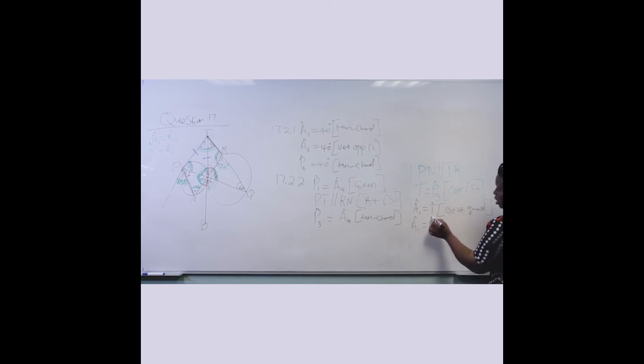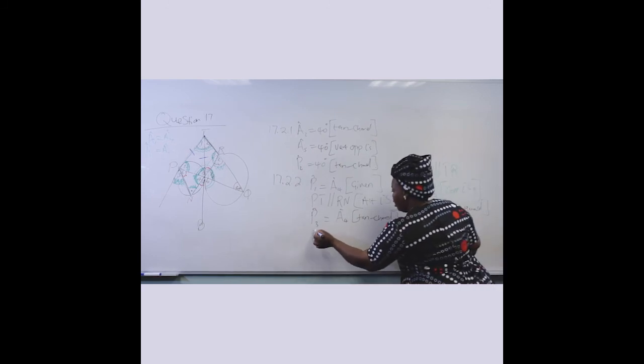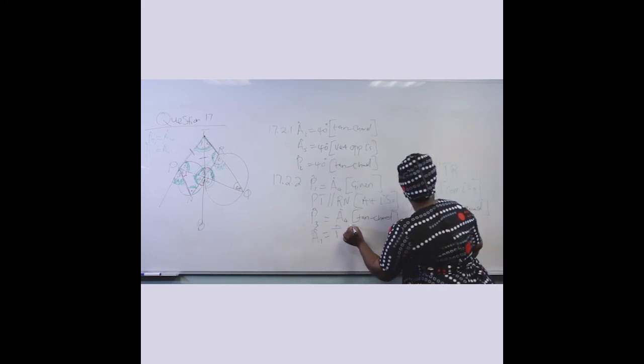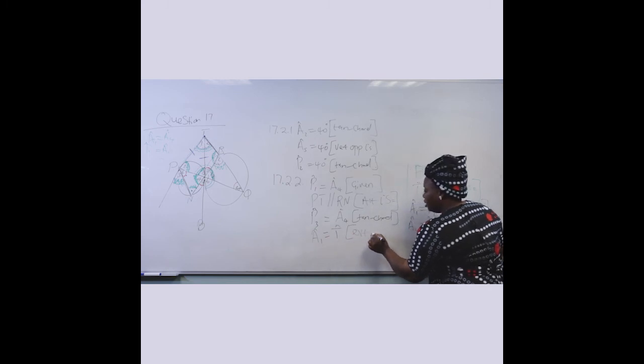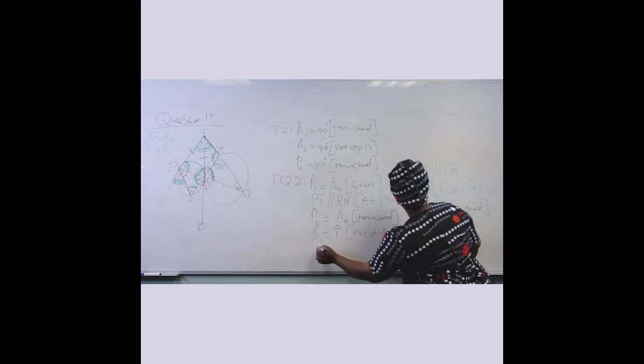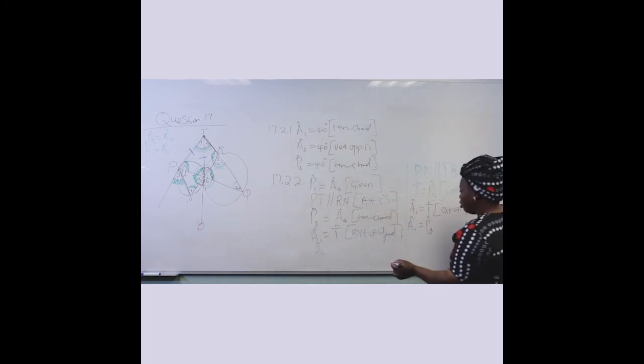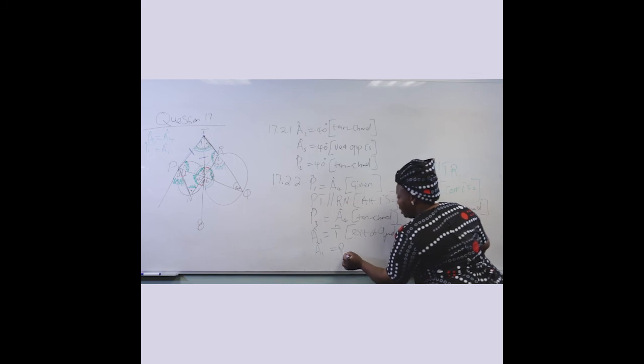Okay, so let's put it here. A1 equals T exterior angle of a cyclic quadrilateral, and therefore A1 is also equals to P3.